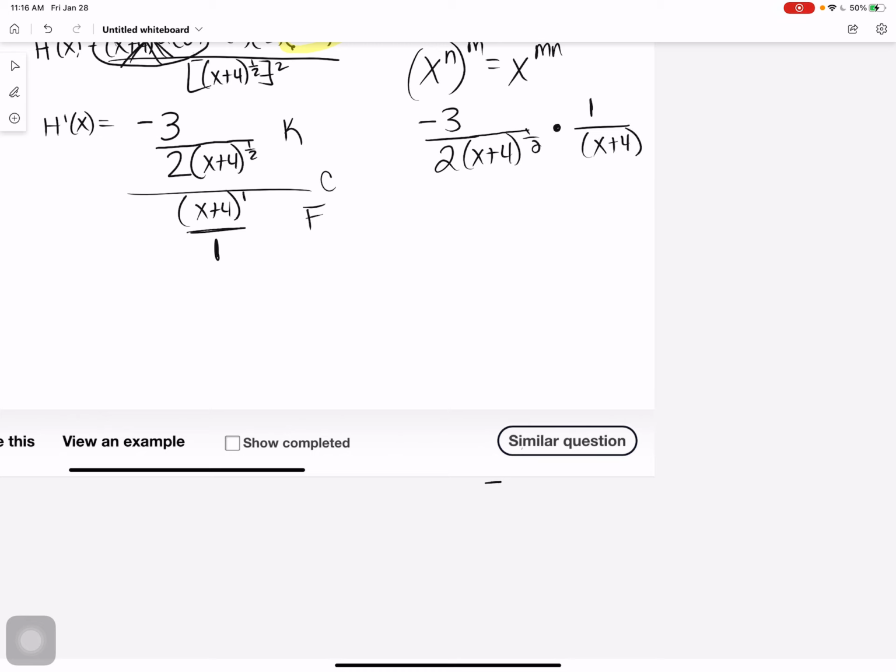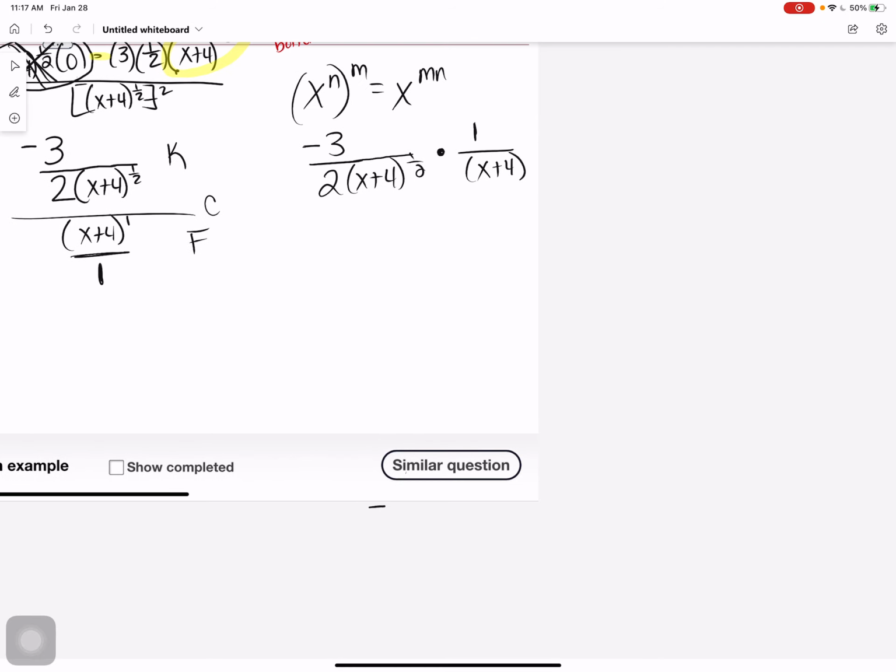Now I have 2 fractions, and if you go back to when you learned to multiply fractions, you just multiply straight across. So I have -3 times 1 in my numerator, which gives me -3. In my denominator, I have that 2, but I have like terms here that I want to multiply. I have x plus 4 to the 1/2 power and x plus 4 to the first power.